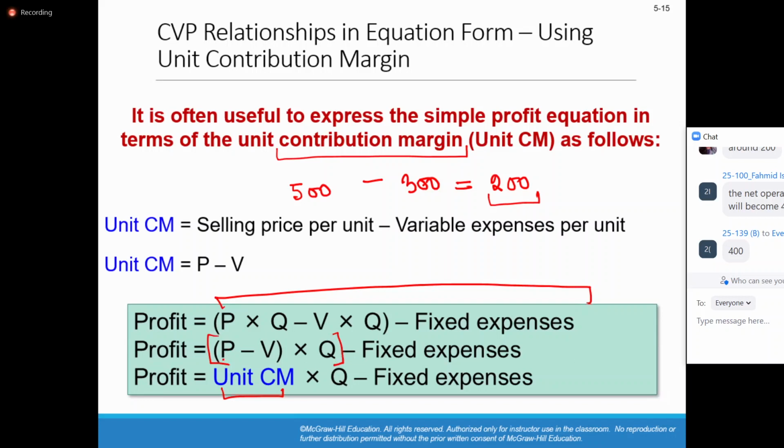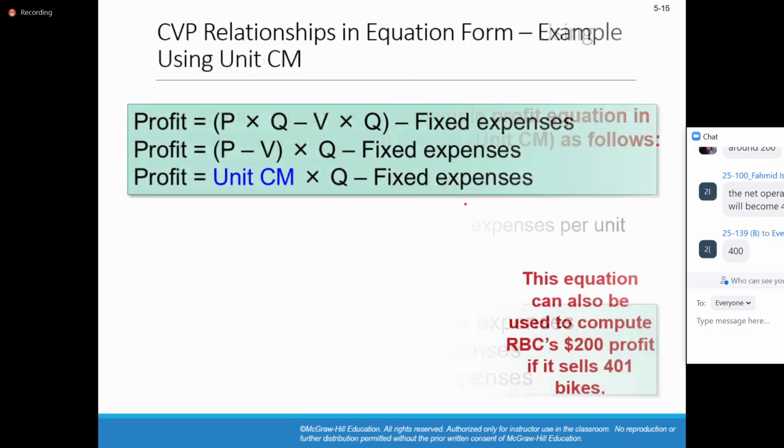And we see that unit selling price minus unit variable cost can also be mentioned as unit contribution margin.